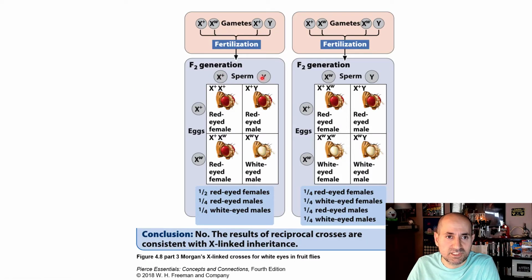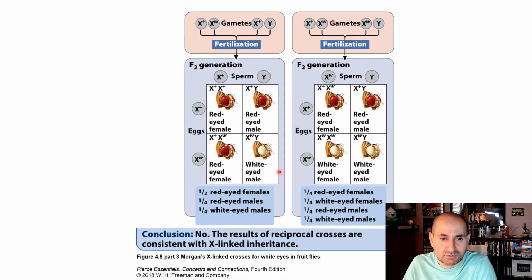You put the sperm information on top in this Punnett square, the egg information on the side, and it looked like you had one red-eyed female that was X plus X plus, one red-eyed female that was X plus Y, one red-eyed female that was X plus XW, and then you had one wild-type male. So this looks to be a 3-to-1 phenotype ratio, which actually makes sense. This would follow Mendelian genetics, right?